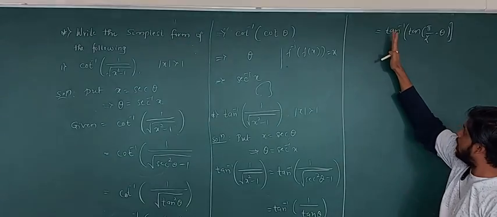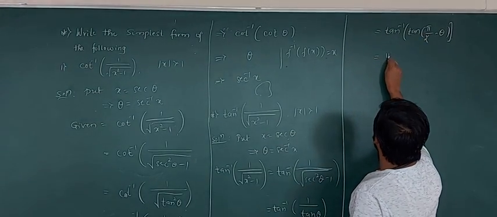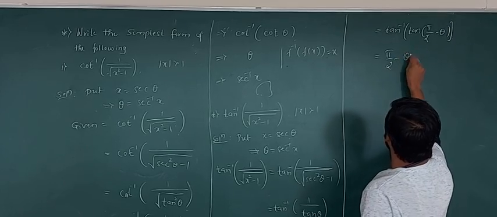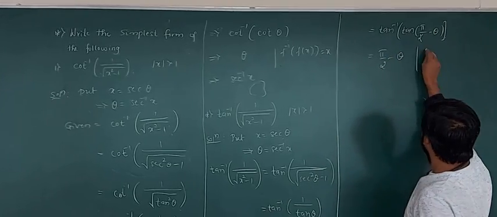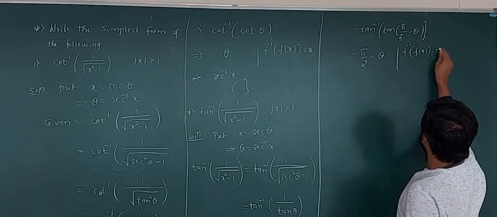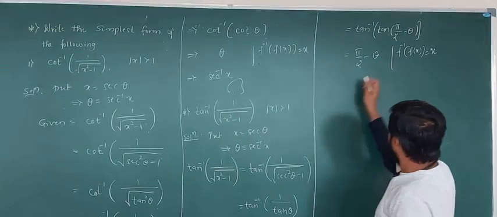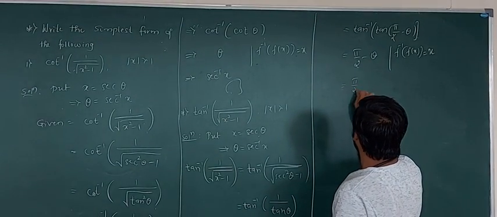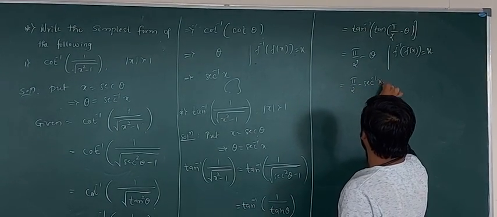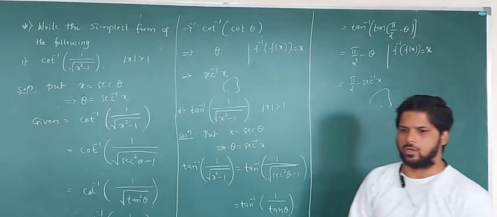Now observe here, the tan inverse function is there and the tan function is there, so we get the answer pi by 2 minus theta, because again we know that f inverse of f of x is equal to x. What is theta here? Substitute the value of theta, that is pi by 2 minus sec inverse x, which is the required solution. Note it down.